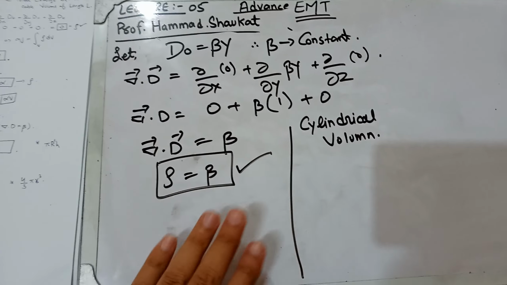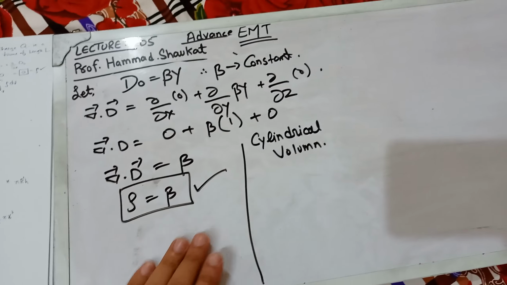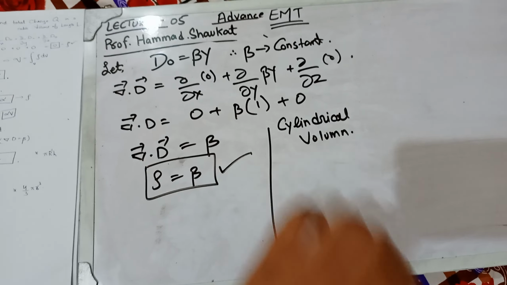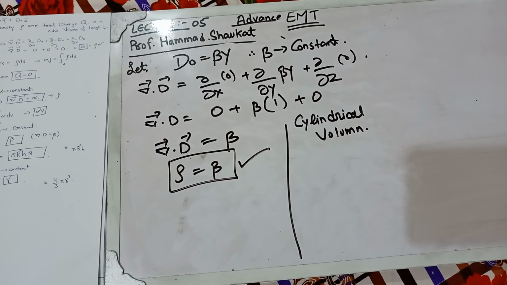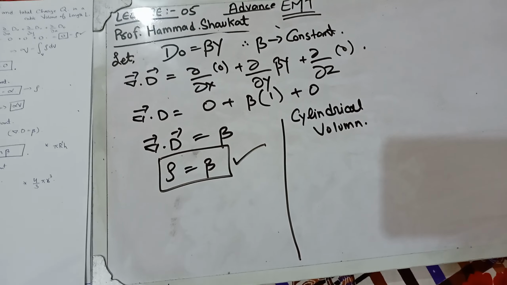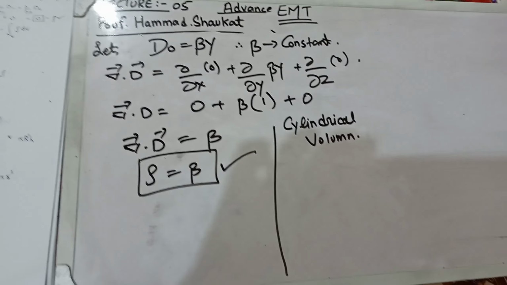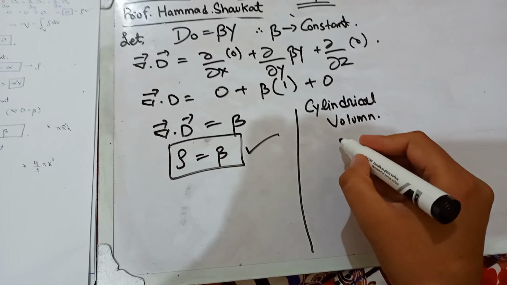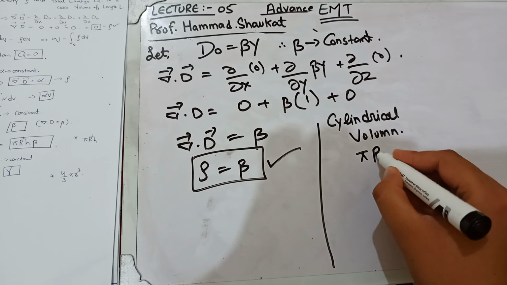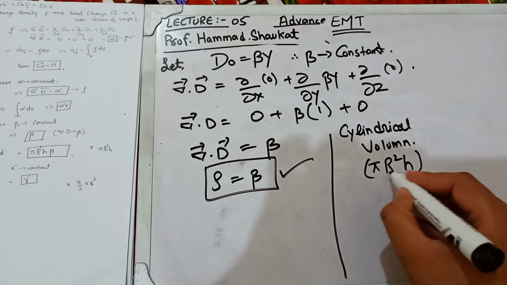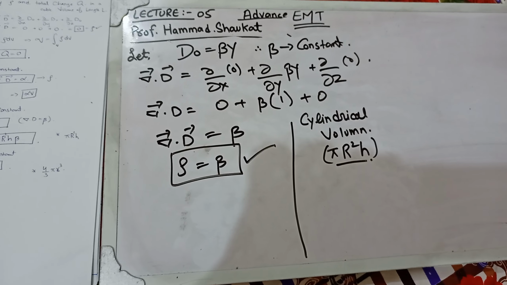The difference in this case is that you have to find the total charge in the case of cylindrical volume. For a cylinder, we must know the volume of the cylinder. We already know that it is pi r square h. This is for the case of cylinder.